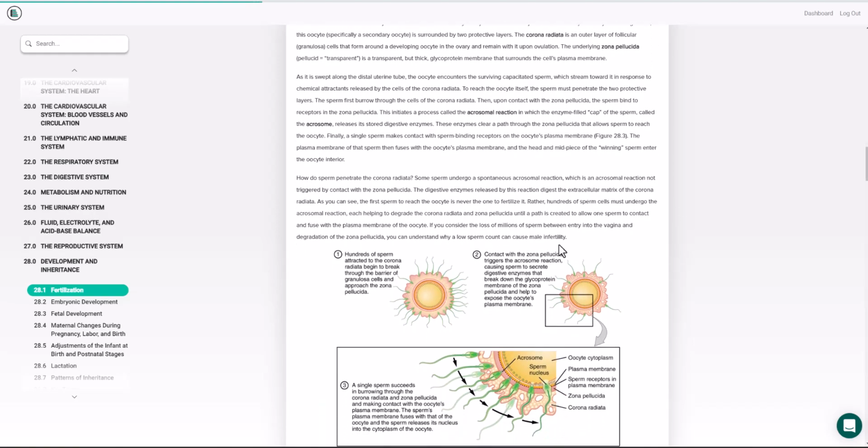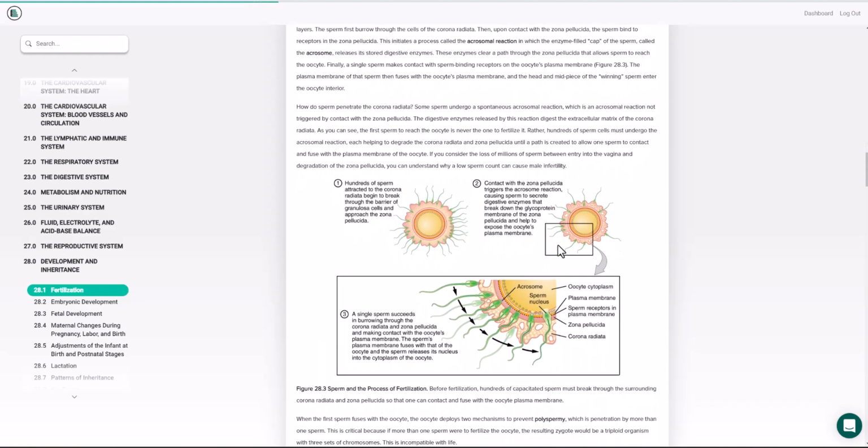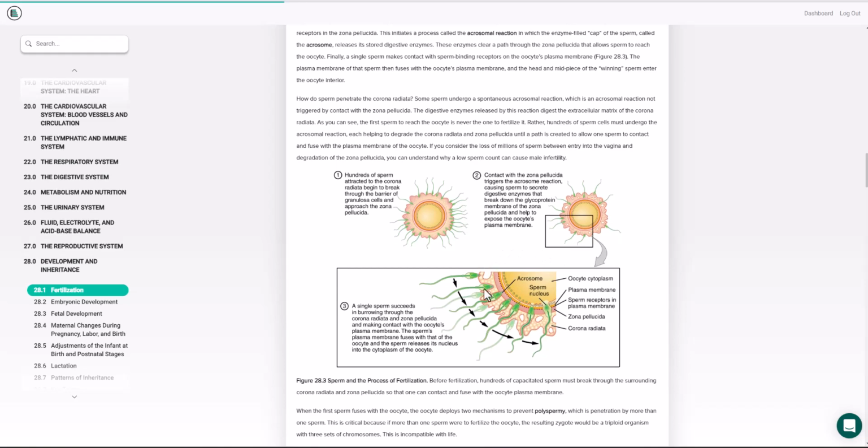Not going to get real fancy about this. I just want you to see this. So here is the egg. It is surrounded by some protective layers. I'm not going to name them. And here are sperm. Again, the size is way off, but we're seeing that about 6 or 7 sperm are making their way right to the egg.